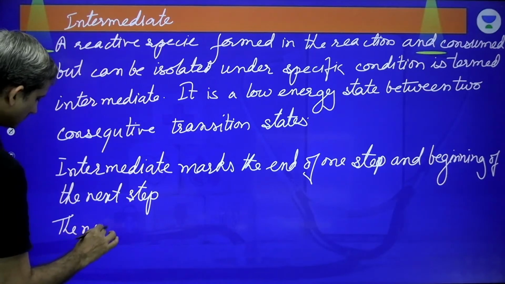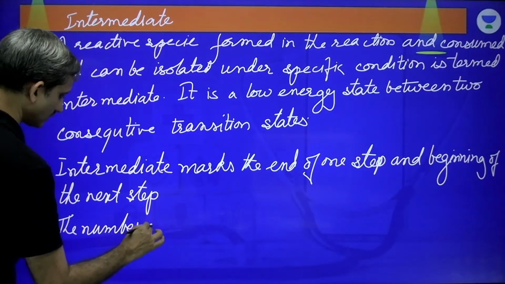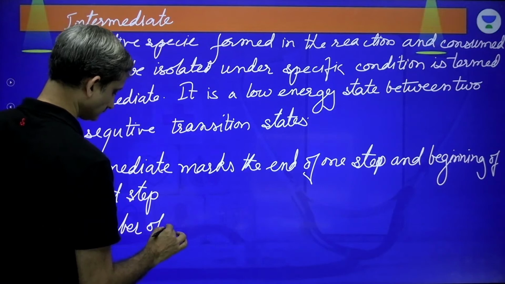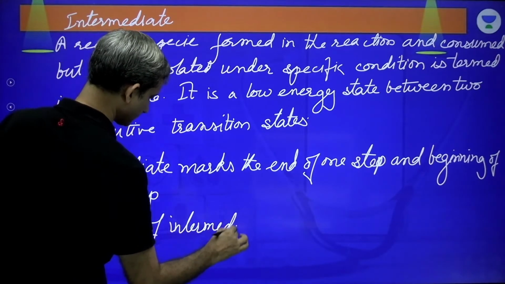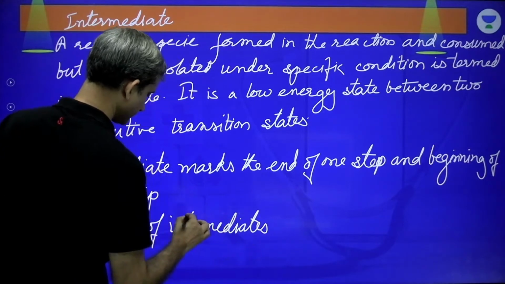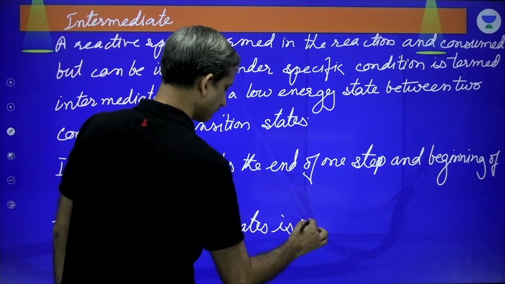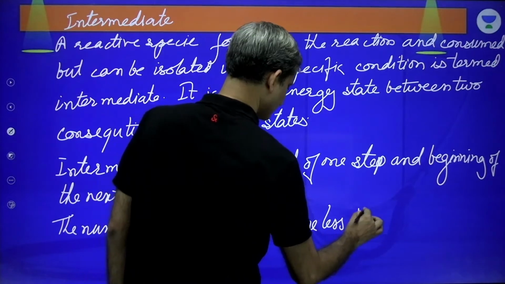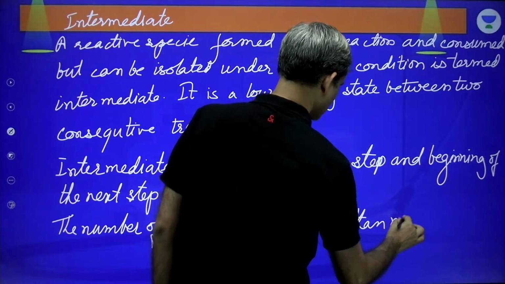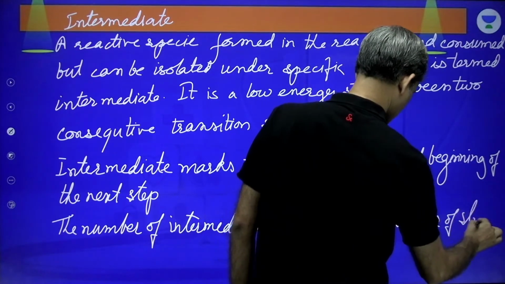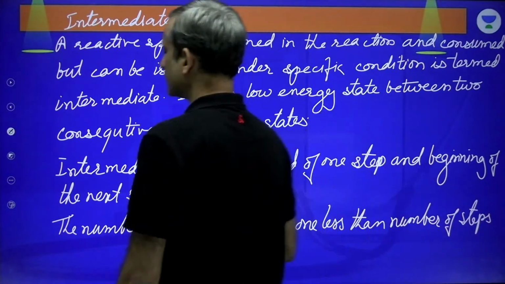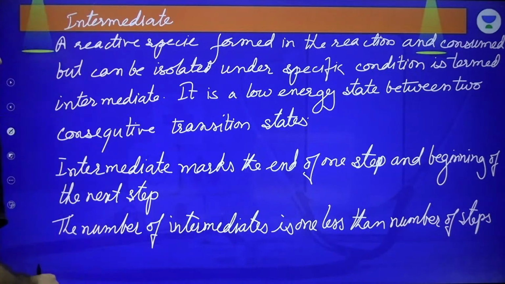The number of intermediates is one less than the number of steps, and you know that the number of steps is equal to the number of transition states.